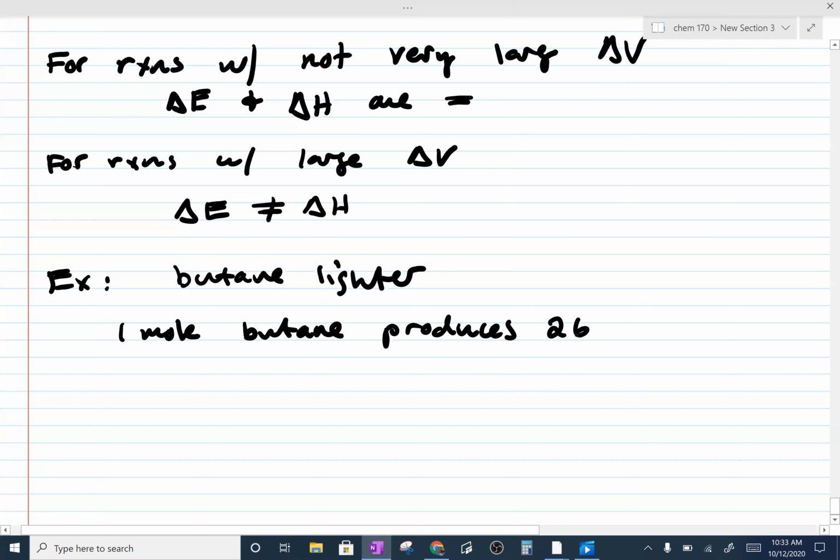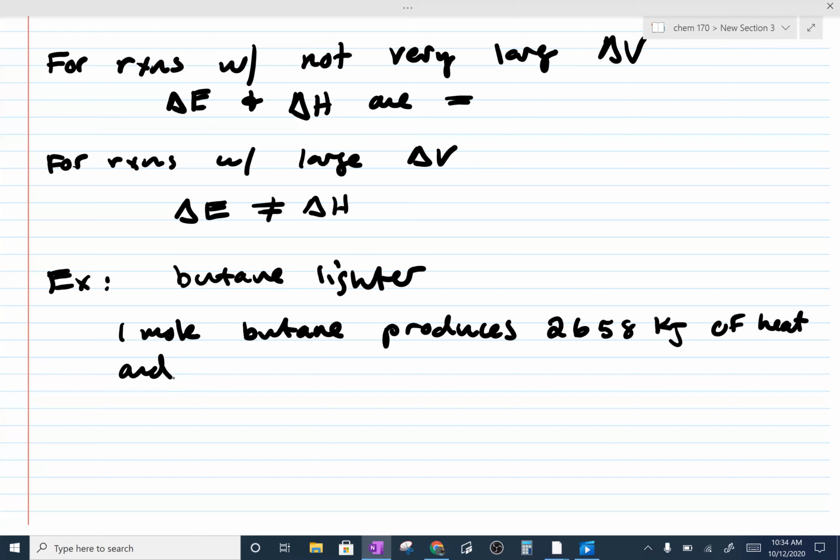produces 2,658 kilojoules of heat. And remember that this is a combustion reaction. So you're taking butane, you're combusting it, you're creating more moles of material. Therefore, you have to expand that gas against the atmosphere.